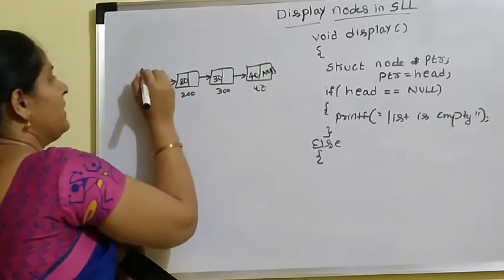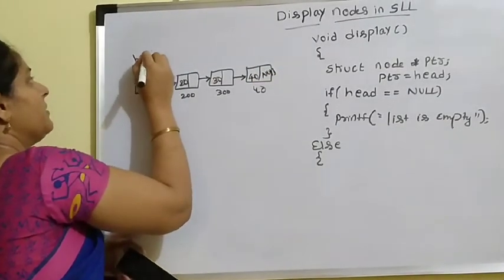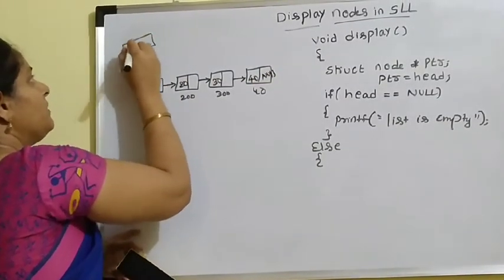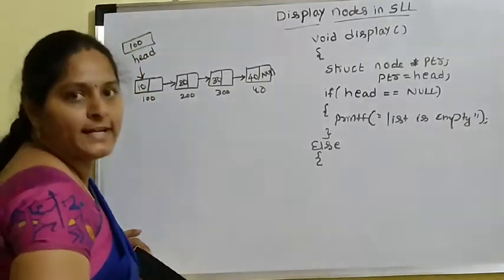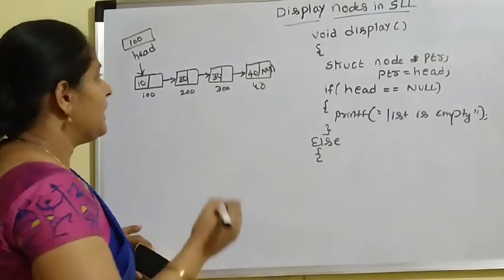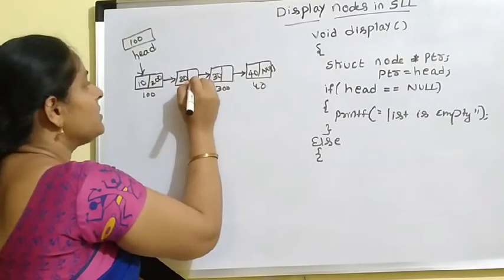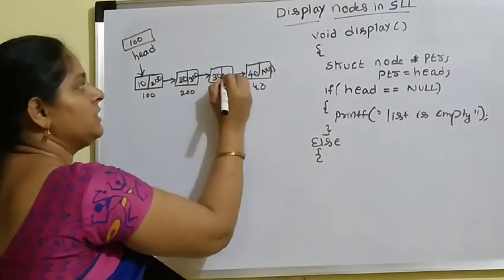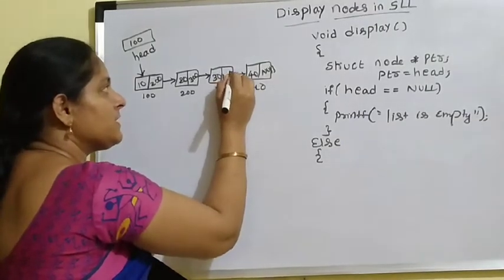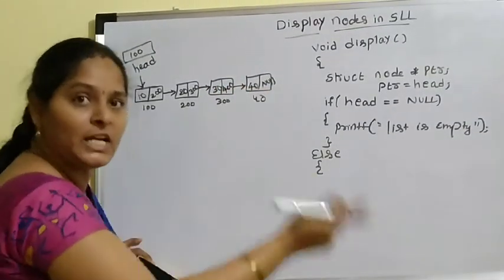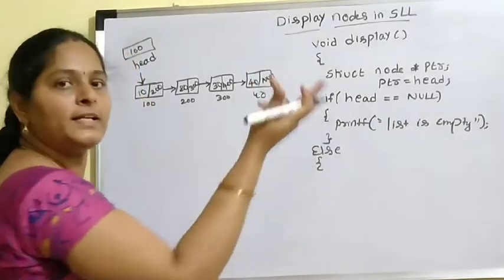Last node's next field is null, and this is our head. Initially, head pointer points to the first node address, that is 100. Now see, first node next part contains address of second node, second node next part contains address of third node, third node next part contains address of fourth node, which is our last node, so fourth node next part is null.